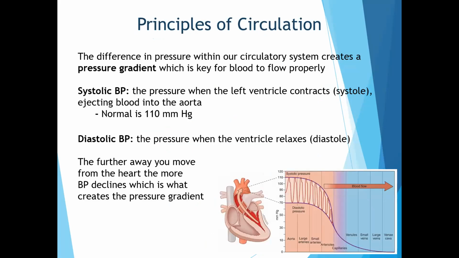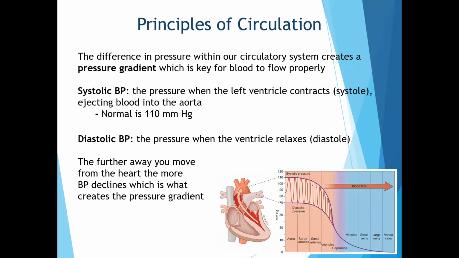All right, we're going to talk about some of the principles of circulation, or why blood flows the way it does. The key for blood flow is that our circulatory system creates a pressure gradient.